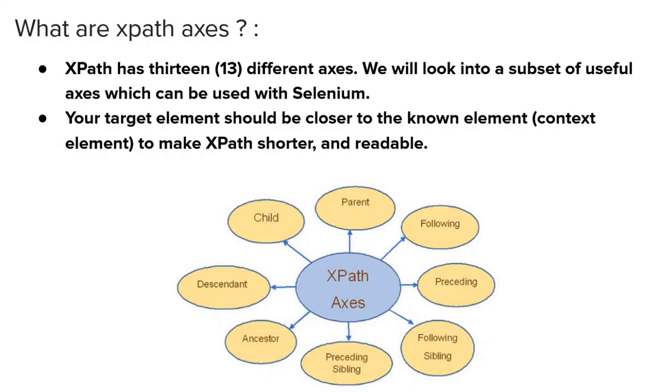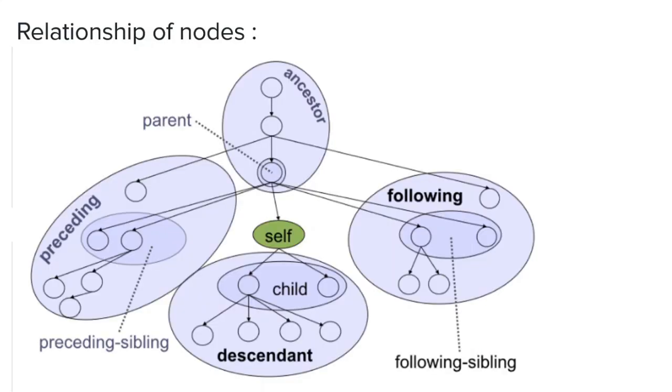There are around 13 different axes present in XPath, but we don't have to look at each and every axis. We will look into a subset of useful axes which can be used with Selenium, and the target element should be closer to the known element. We have also seen the relationship of nodes.